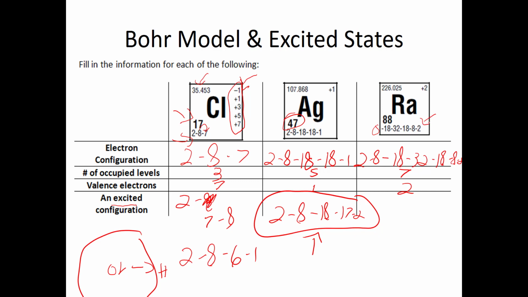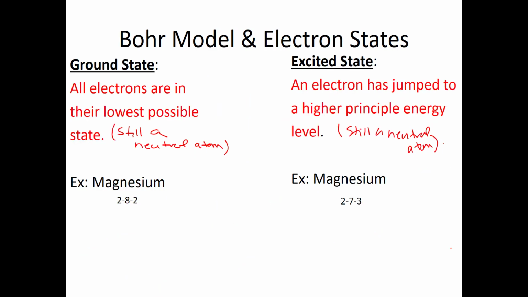Again, you could have a whole lot of excited state configurations, but I'm just going to take the last one. So dash 18, dash 32, dash 18, dash 7, dash 3. I apologize, that's 7 there. Again, there are multiple answers you could have had for that last question.